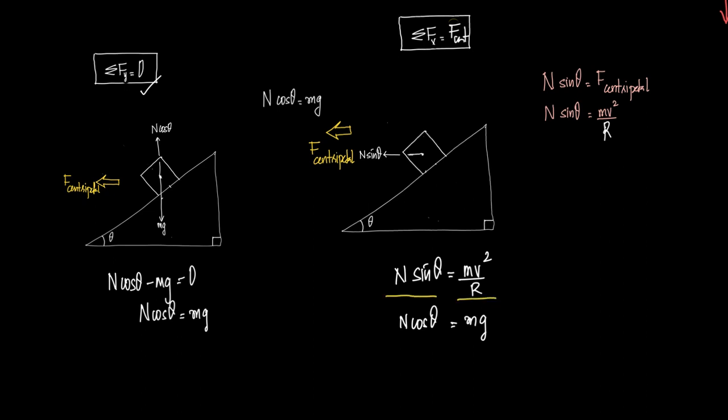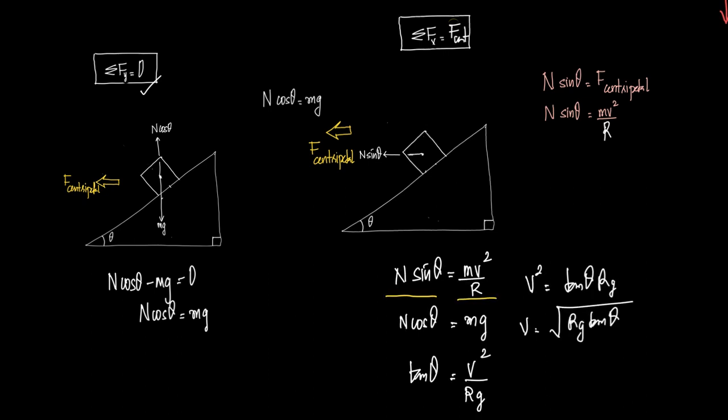So what do we get? N by n is 1, sine theta by cos theta is tan theta, m by m is 1, and therefore what we are left with is v squared by rg. Therefore v squared is equal to rg tan theta, and v is equal to root of rg tan theta.